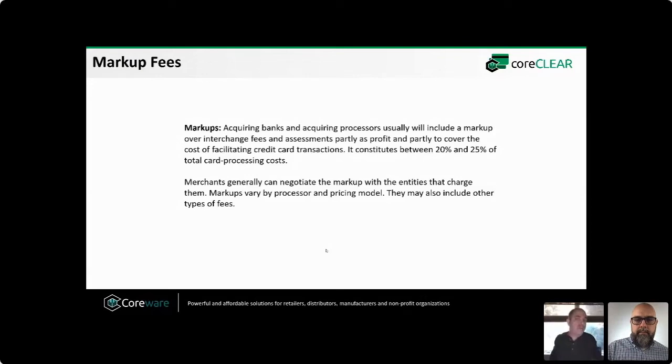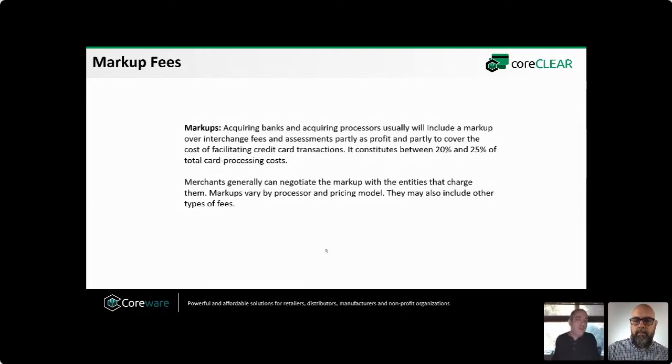You don't have to use that processor's gateway, right? That's what Authorize.net is. Authorize.net is a gateway that you can sign up to and hook back up to many different processing companies, right? It's just another piece in the puzzle. And in fact, a lot of processing companies use gateways that are not theirs.